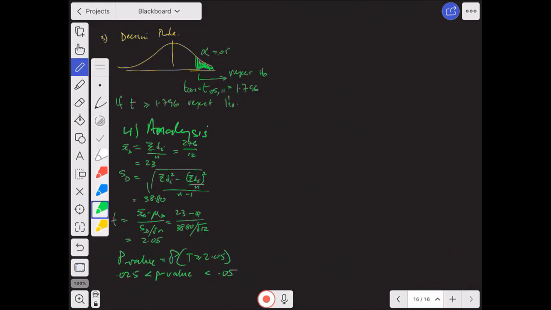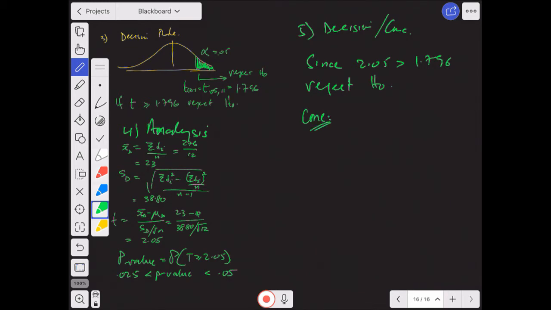And so step 5, decision, conclusion. So since 2.05 is greater than 1.796, we will reject the null hypothesis. So if we reject the null hypothesis, therefore we will support HA. So that is our decision, our conclusion.